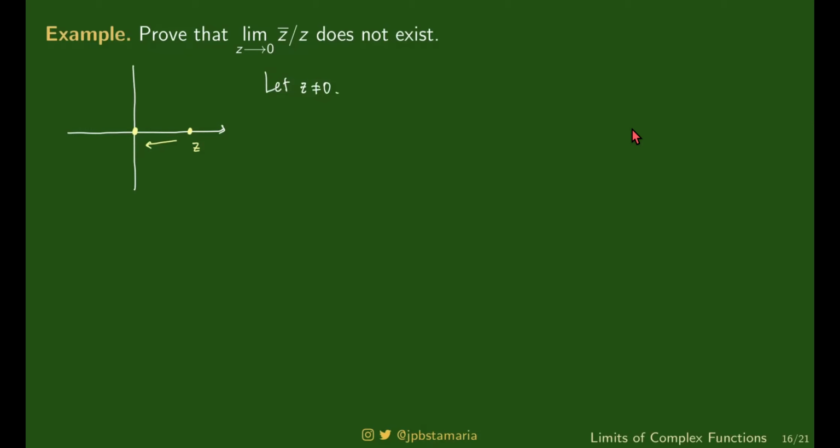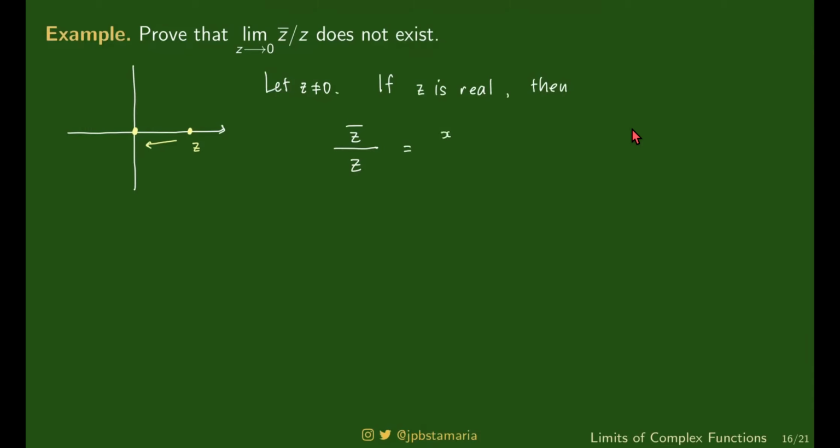Okay. If z is real, ano mangyayari? If z is real, then what can you say about z bar over z? Saan equal yung z bar over z whenever z is real? So because z is real, z bar is just what?